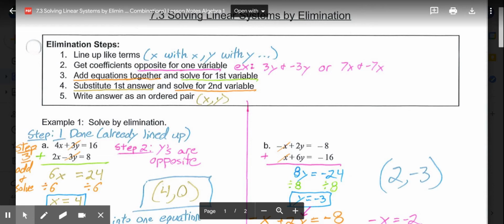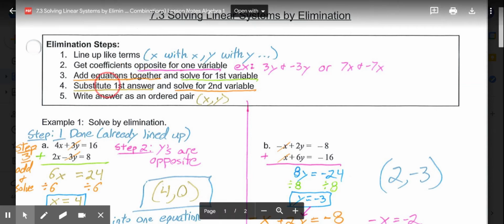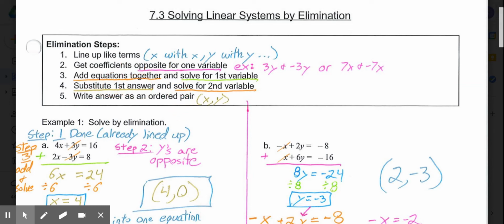So you're taking whatever you get from step 3, so let's say we solve for x, and you're going to substitute that value back into one of the two original equations, doesn't matter which one, and then solve for the other variable. So if we already had x, we'd be solving for y.